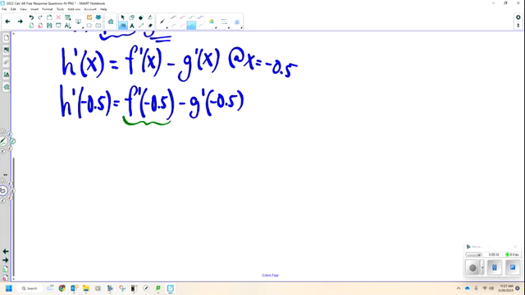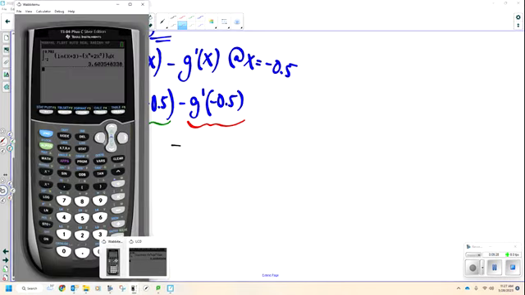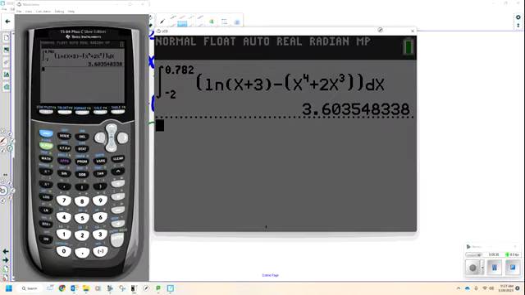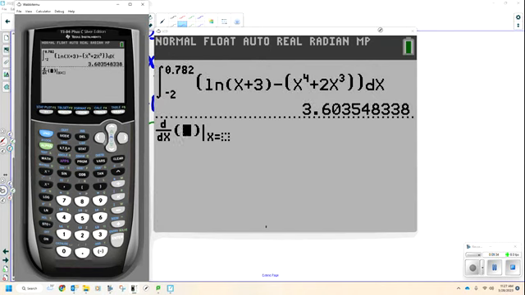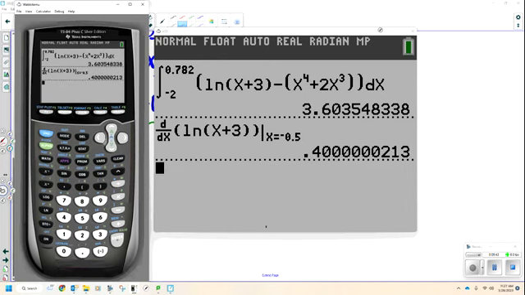Find this one, then subtract, finding this one. That's it. It's great. So let's go here. And again, we're going to use our calculator. I'm going to go to Math 8. I'm going to take the derivative of the ln of x plus 3 when x is -0.5. There you go. Let's call that 0.4.